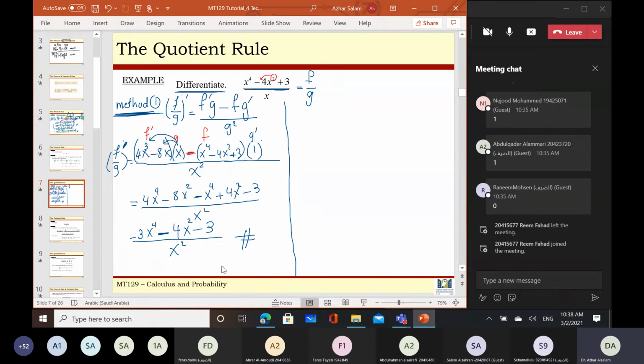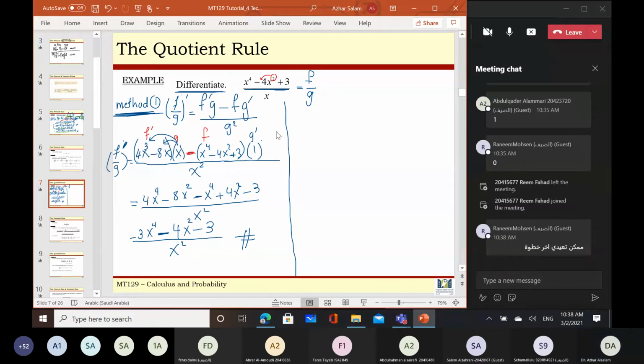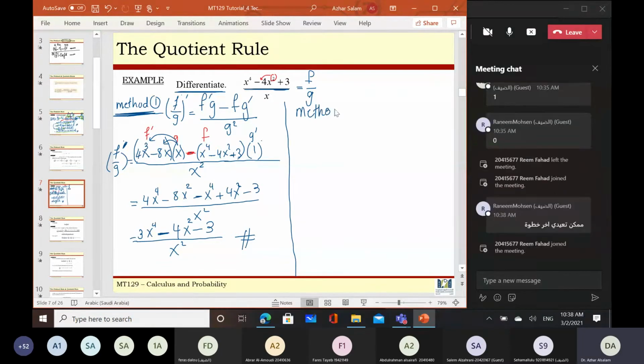Okay, I finished now the first method by using the quotient rule, which is the new method we have here today in the lesson. I have actually another method that I studied before. Okay, method 2, using the power rule.